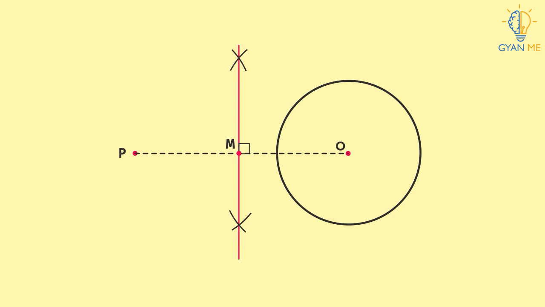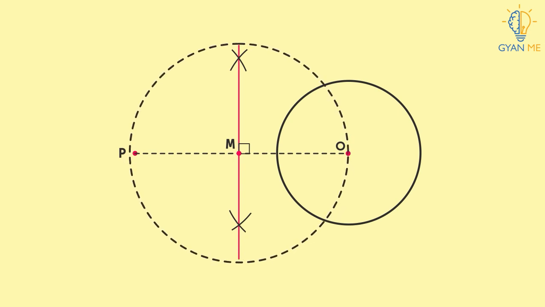Taking M as the center and MO as the radius, draw another circle. Let this circle intersect the previous circle at points Q and R. Join these points Q and R to P. Thus, PQ and PR are the required tangents from an external point P.